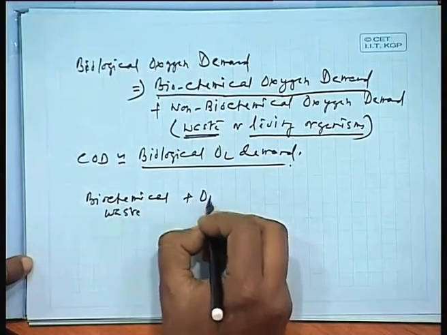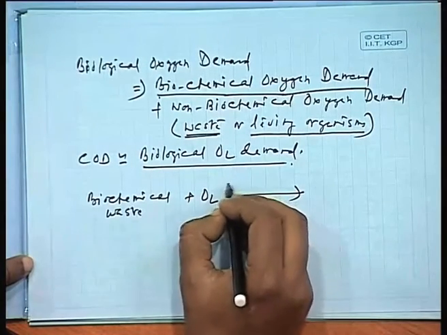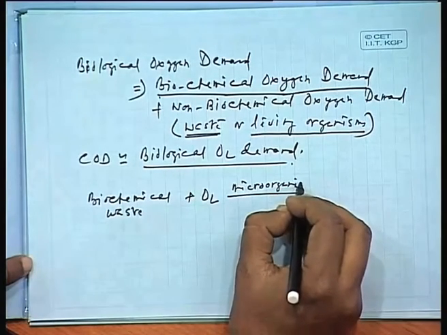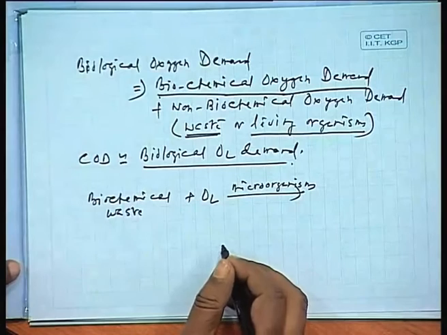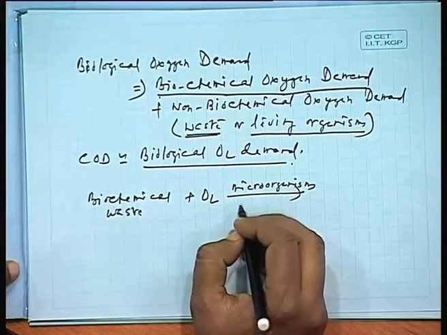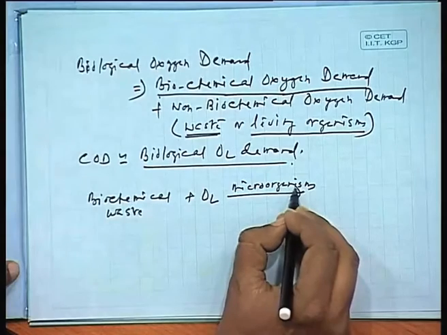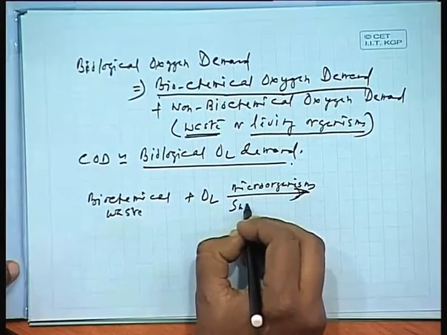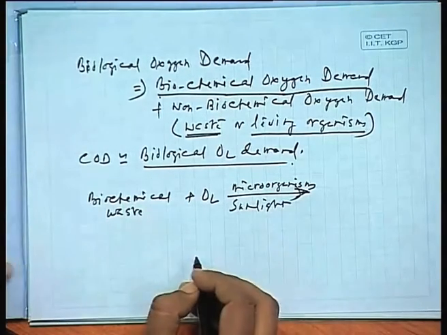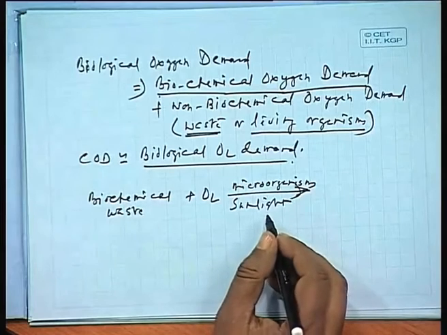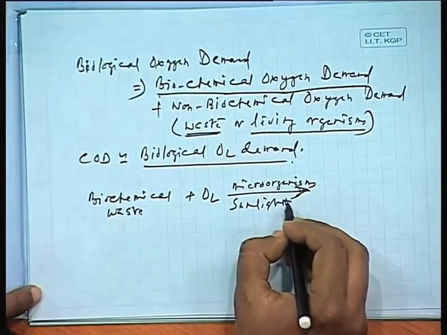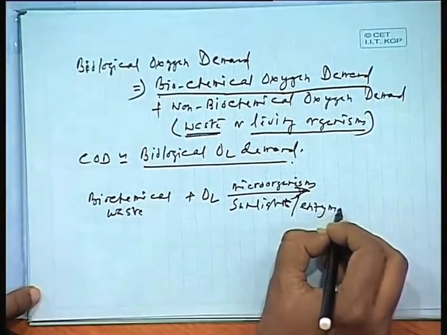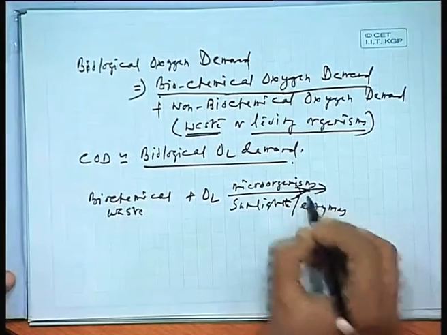The convenient way of saying this is that the biochemical waste plus oxygen, in the presence of microorganisms, also sometimes needs a source of energy. Source of energy is very important. So, either sunlight or any other substances, sunlight or enzymes, different enzymes that we can generally find.